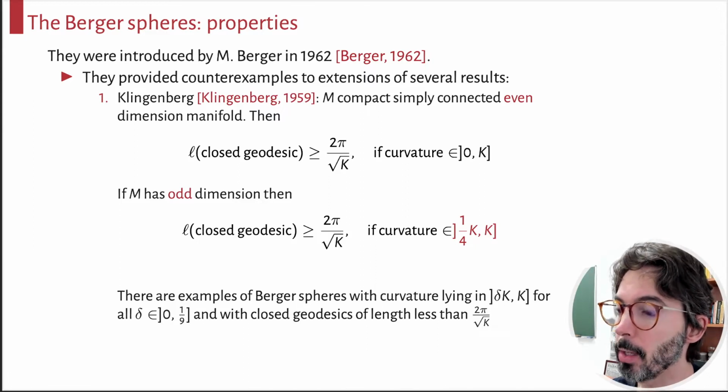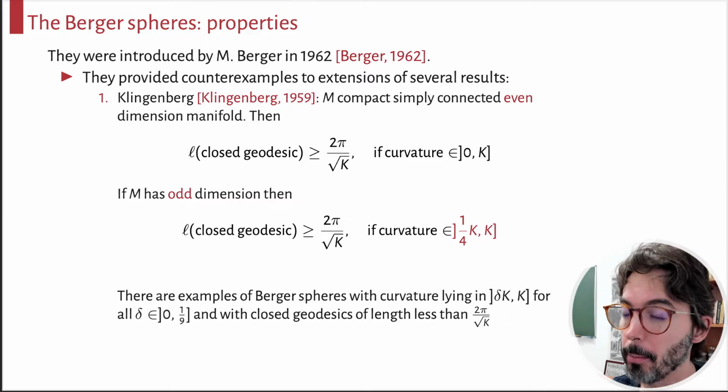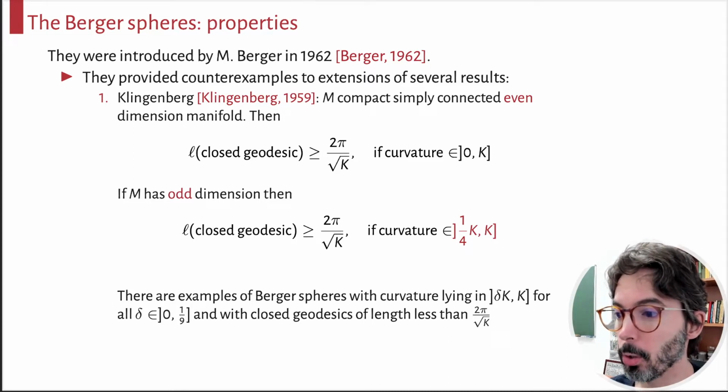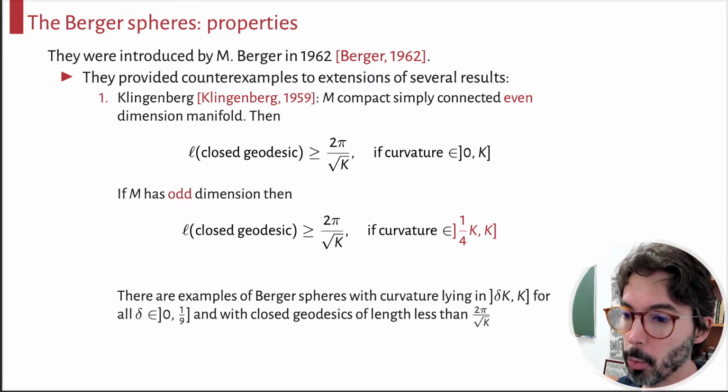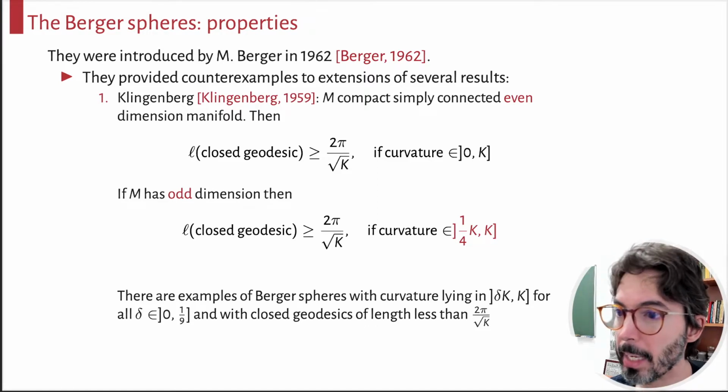If M has odd dimension, then we get the same inequality, but this time only if the curvature of the ambient manifold is pinched between 1/4 of k and k. Well, there are examples of Berger spheres with curvature lying in this pinching for delta between 0 and 1/9, and with closed geodesics of length less than 2 pi over square root of k. So in the odd dimensional case, we cannot get a general result like in the even dimensional case.